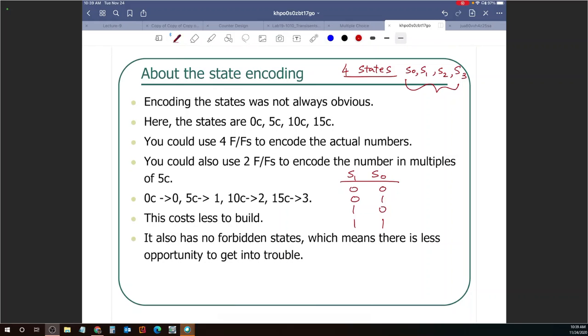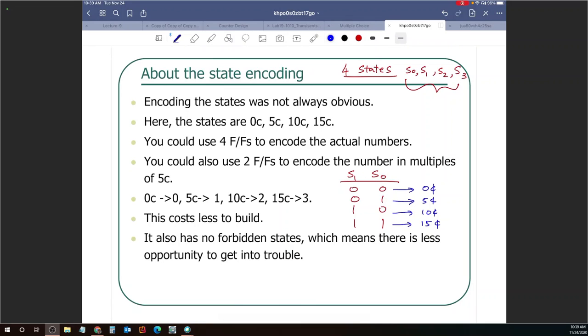So essentially that is the 0 cents state, that is 5 cents, this would be 10 cents, and this would be 15 cents. This is one way of doing it. It doesn't have to be this exact same encoding.